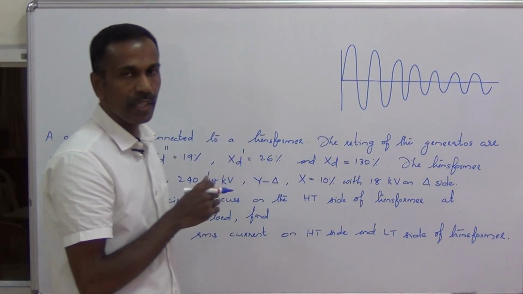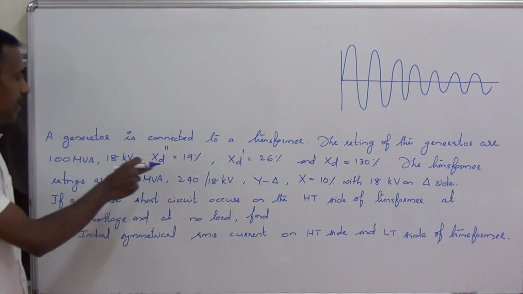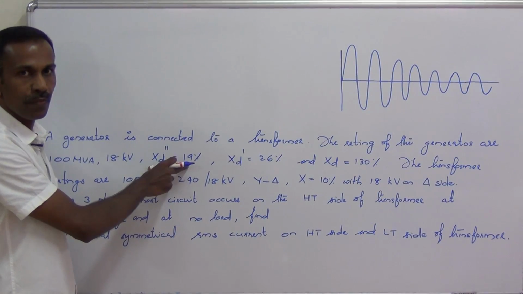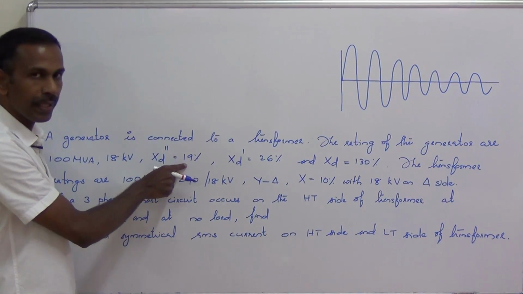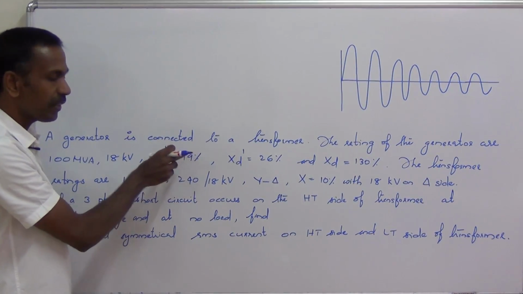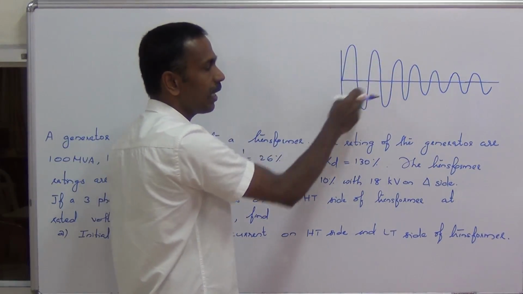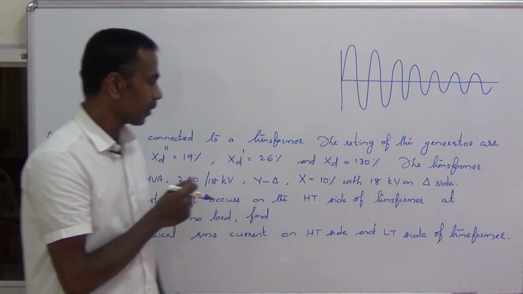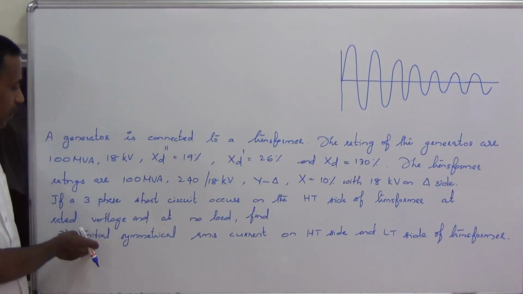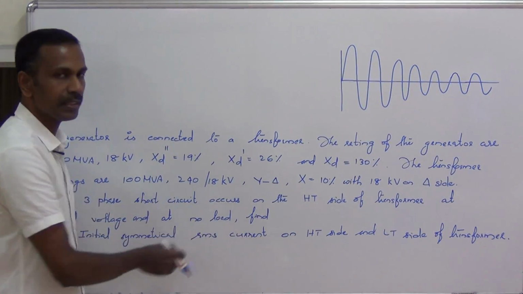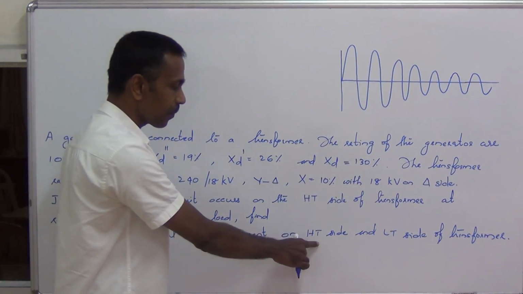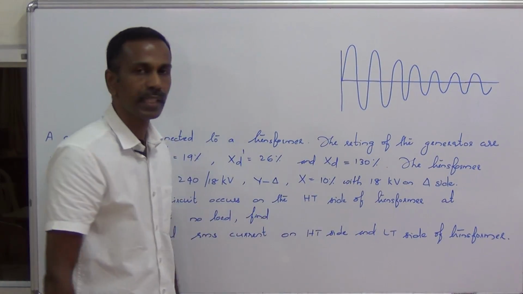In the case of fault analysis, the subtransient period is the most important one, because in the subtransient period, the reactance has the least value and the fault current has the highest magnitude. So now the question: we need to find out the initial symmetrical current on both the high tension side and the low tension side of the transformer.